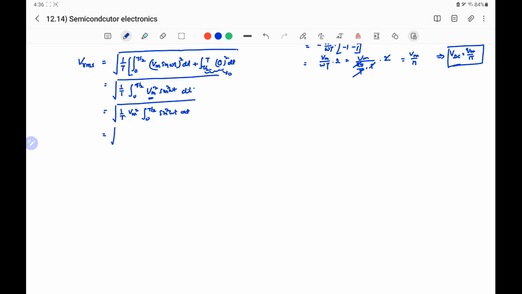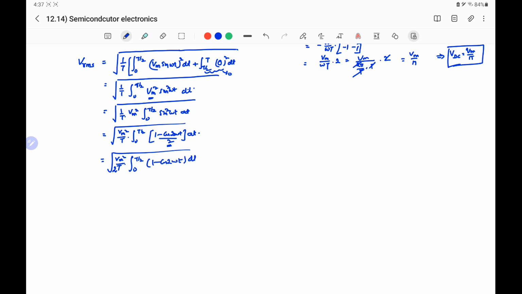It can be written as the integral Vm square by T into the integral 0 to T by 2, and sine square omega t can be written as 1 minus cos 2 omega t by 2, dt. Therefore, it is equal to the square root of Vm square by T, and this 2 is also constant, it is taken out, so it is 2T, and the remaining is the integral 0 to T by 2 of 1 minus cos 2 omega t dt.